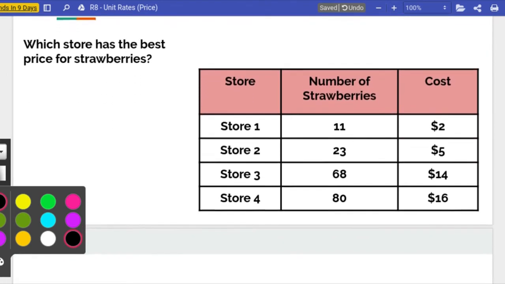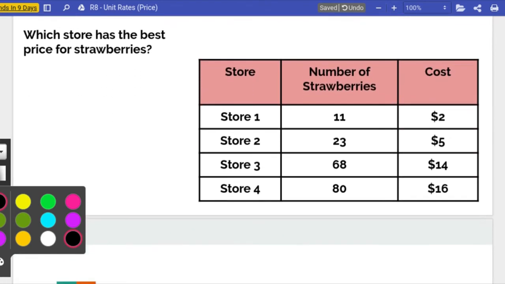All right, which store has the best price for strawberries? So as I look here, I've got different numbers of strawberries and different costs. So probably the easiest way to compare them is to find the unit rate, the cost per strawberry. Or we can find how many strawberries you get for $1.